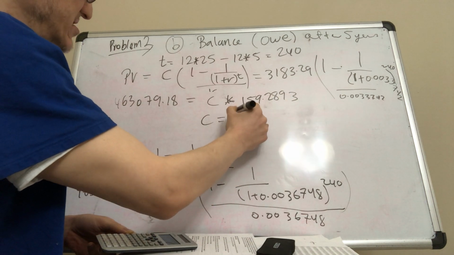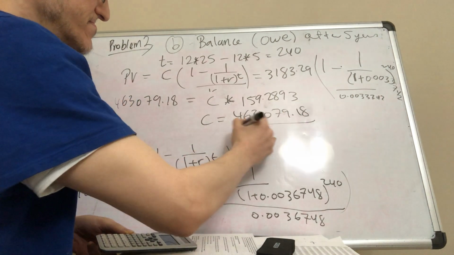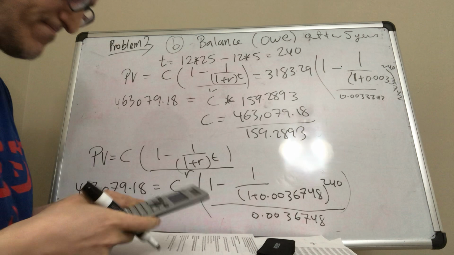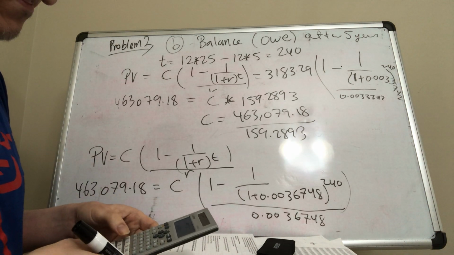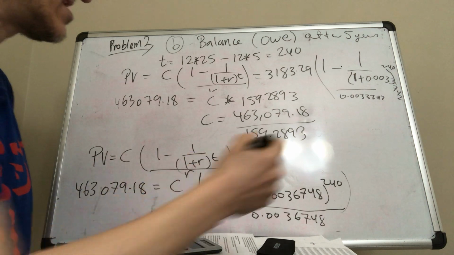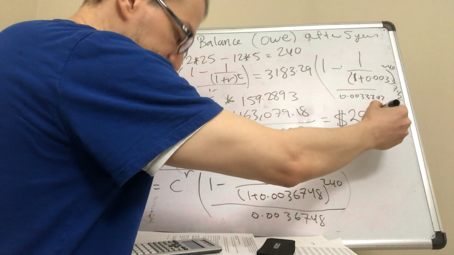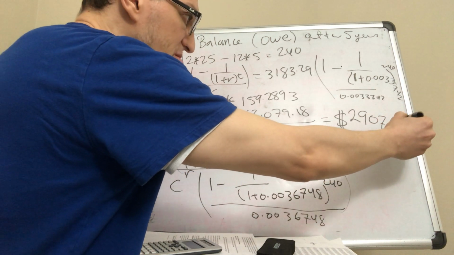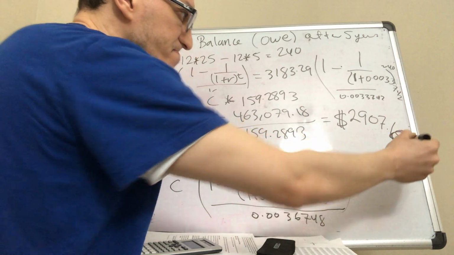So C would be dividing the term. And the new monthly payment will go to 2,907.15, about 16 cents.